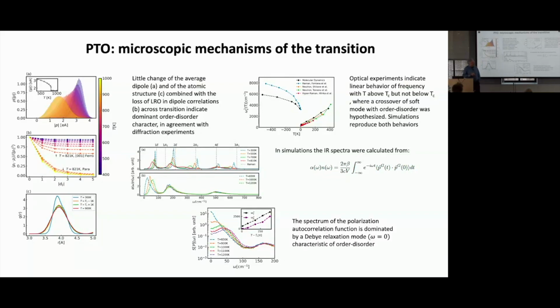And the reason for that comes from this data here. This is the omega square of the mode above the transition in experiment. These are different experimental results, whereas this black is the result of our molecular dynamics simulation, but I will comment on that later.